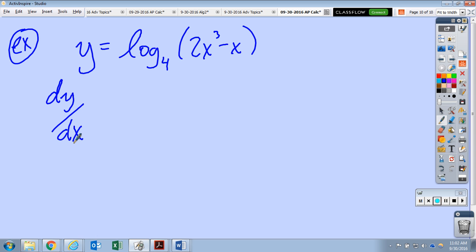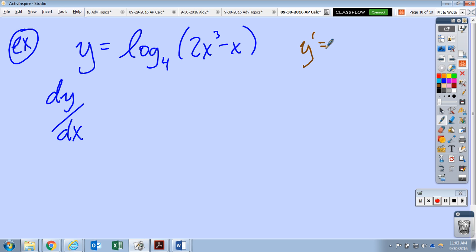Will you rewrite the other equation really quick, side by side? Yeah.